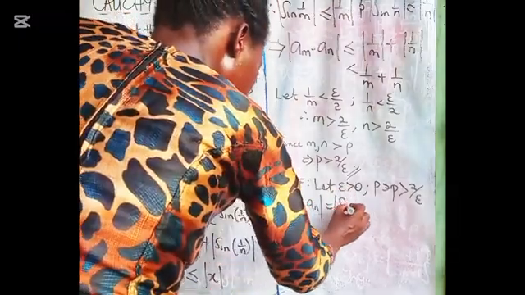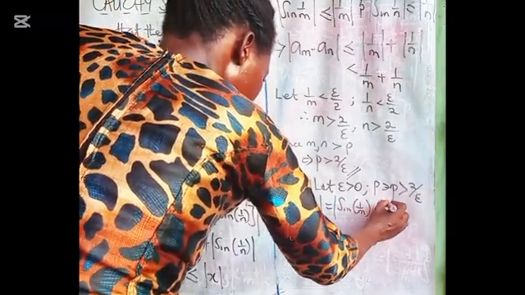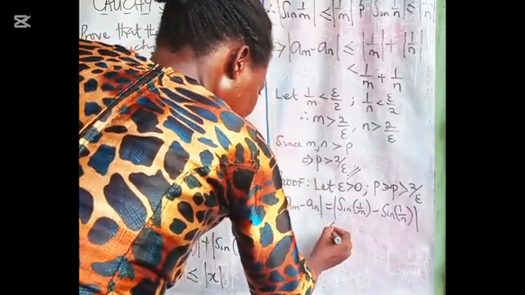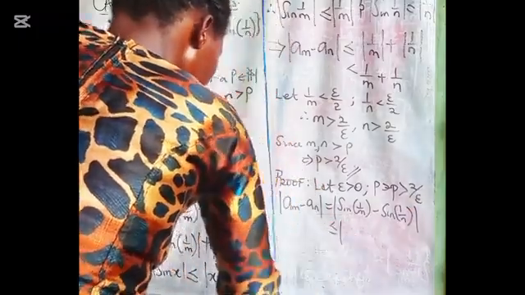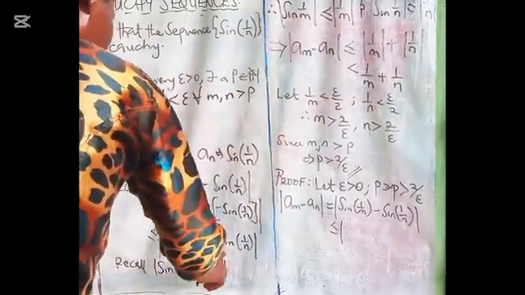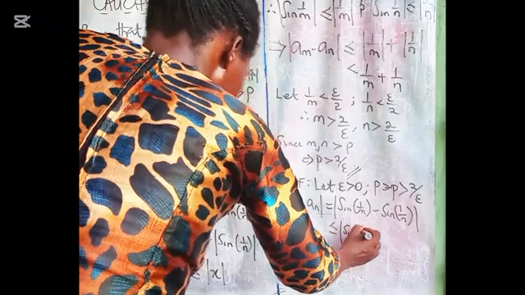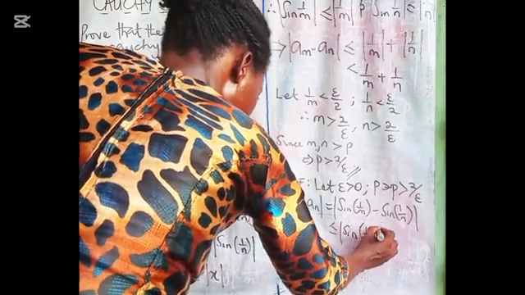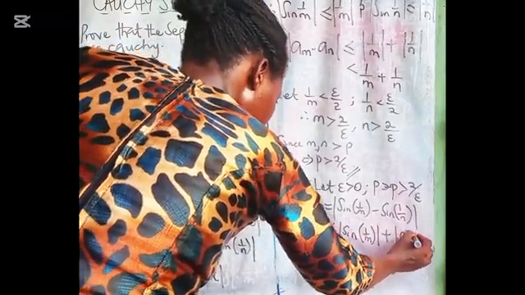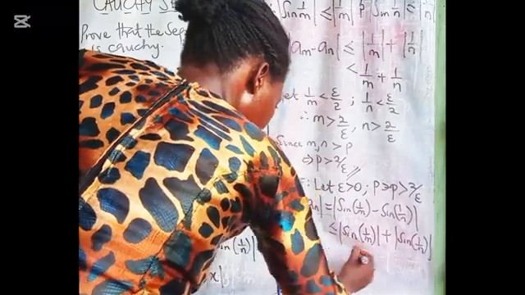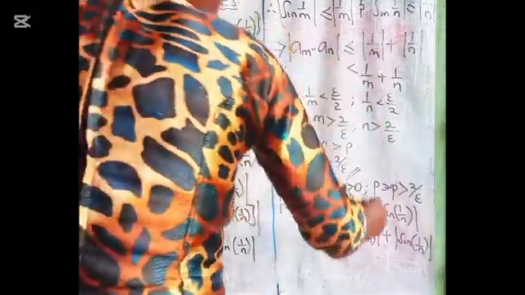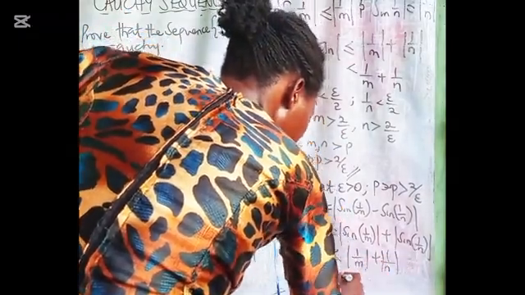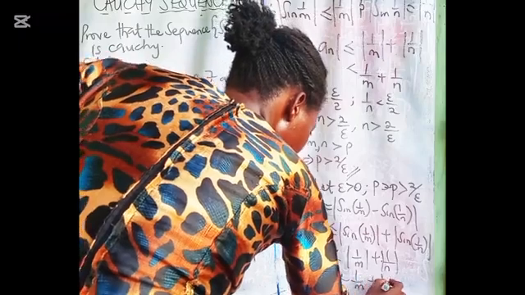The absolute value of sine 1 over m minus sine 1 over n, and that is less than or equal to, using triangle inequality as we did here, the absolute value of sine 1 over m plus the absolute value of sine 1 over n, and that is less than or equal to the absolute value of 1 over m plus 1 over n, and that is less than 1 over m plus 1 over n.